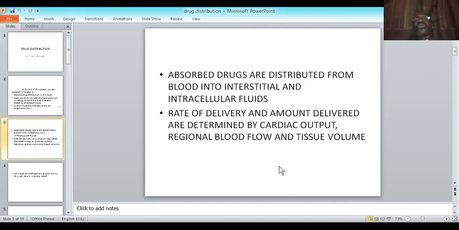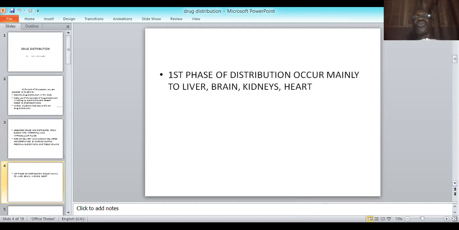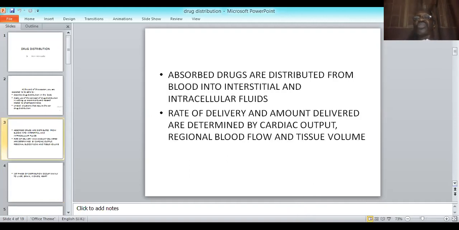Also, the volume of different tissues: some tissues are bigger than the others, so they receive a greater amount of blood, and therefore a greater amount of the drug at the end of the day.